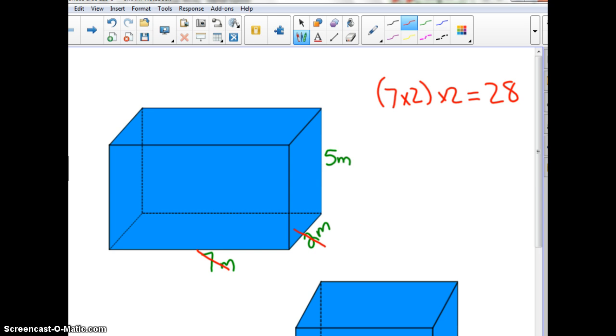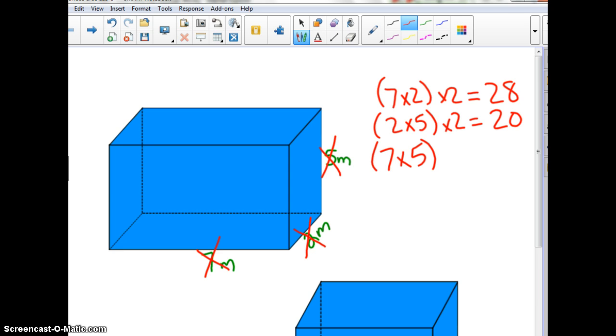Pick 2 numbers. 2 and 5. Which is? 10, 20. Double it. Aaron? 7 and 5. Okay, now you can tell I'm done with all my numbers. Double it. 70.